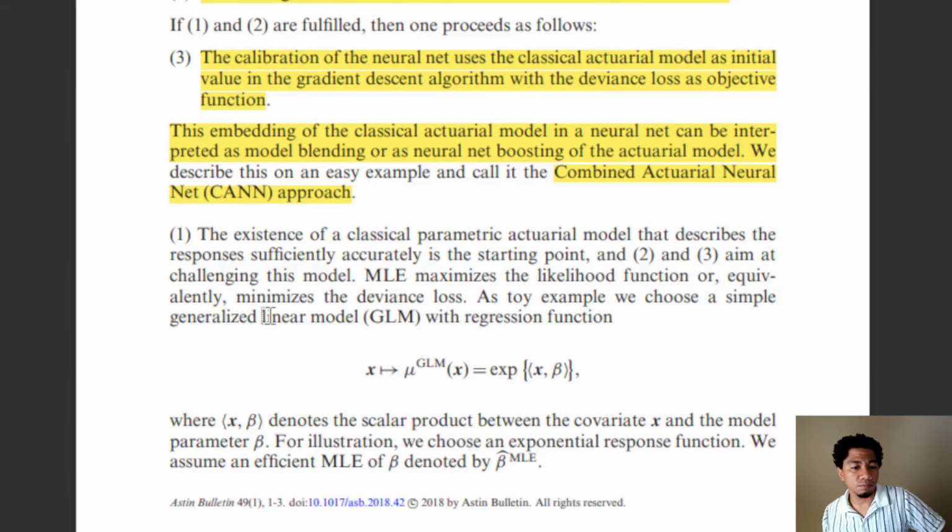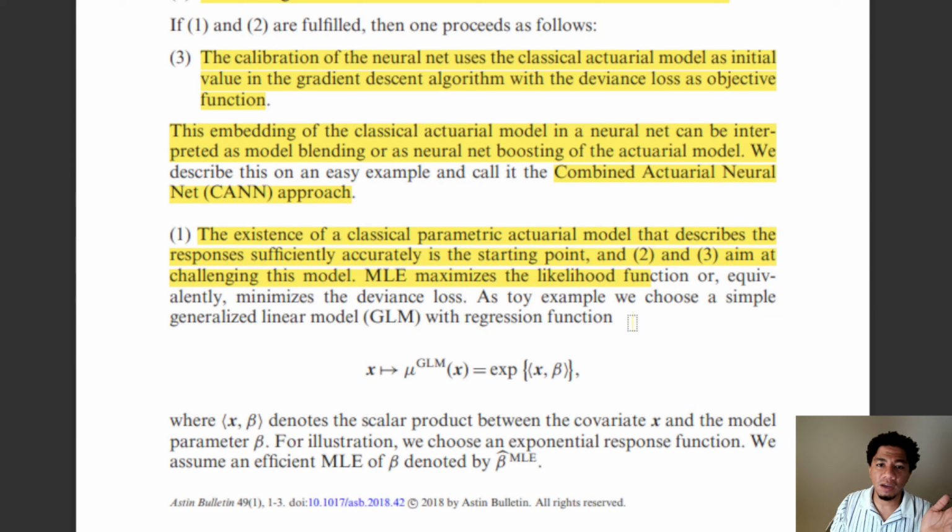And yeah, so let's continue. The existence of a classical parametric actuarial model that describes the responses sufficiently accurately is the starting point, right? So like I said, you have that model, it's there, and steps 2 and 3 aim at challenging this model. And then you have defining your deviance loss function.